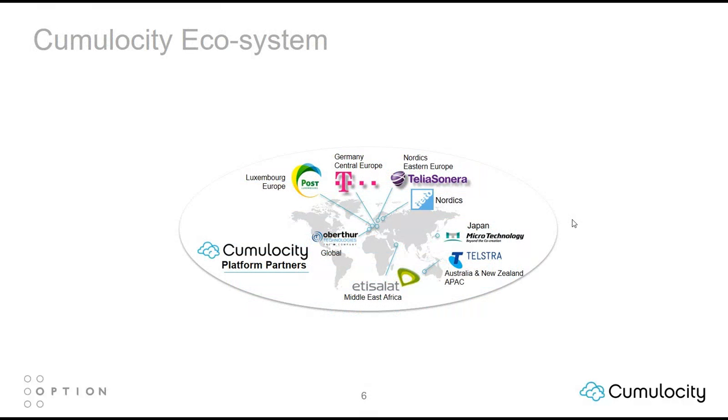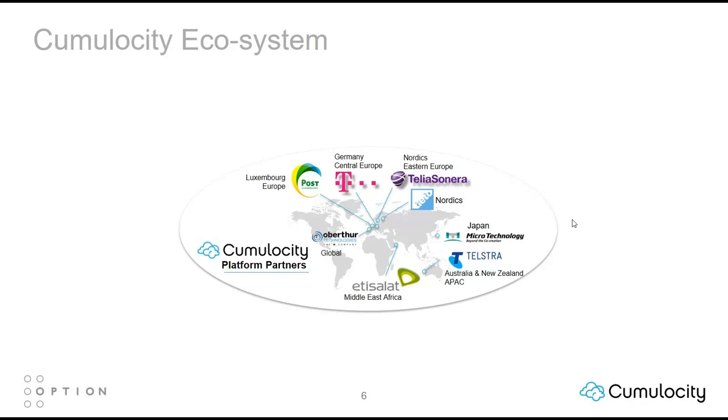At Cumulocity, we feel the Internet of Things is about partners, and Cumulocity is continuously leveraging and building out its leading partner network. As a horizontal platform provider, we are involved in many vertical markets and continuously bring the ingenious, innovative approaches in one market to other markets we are working in.